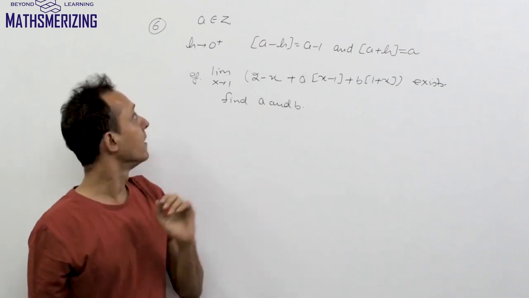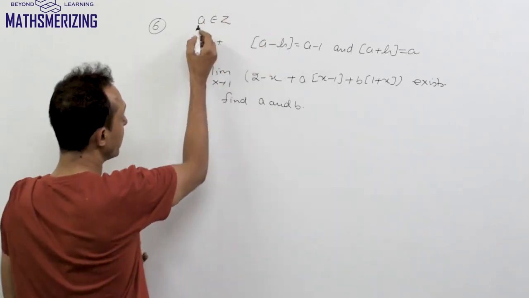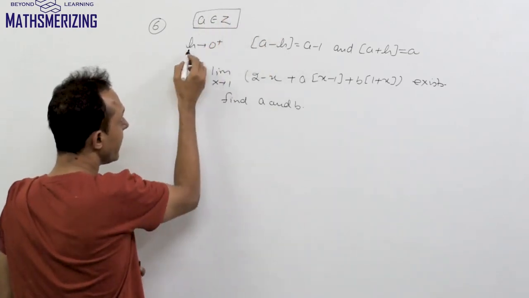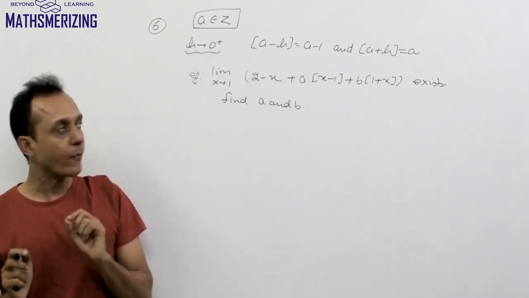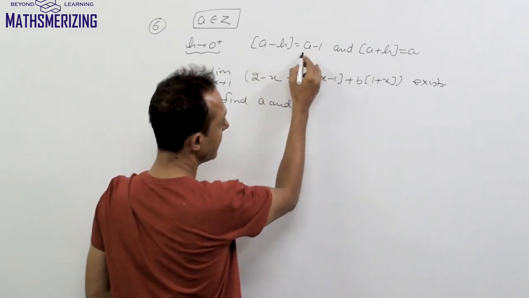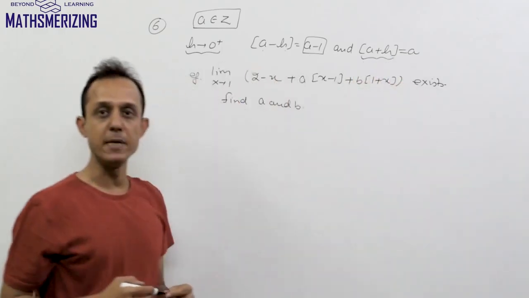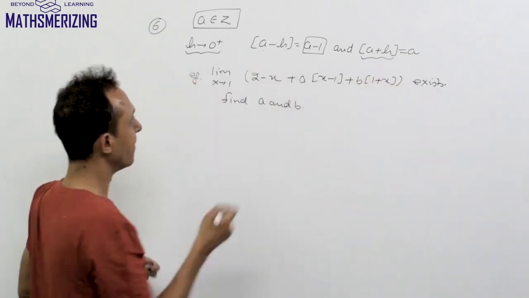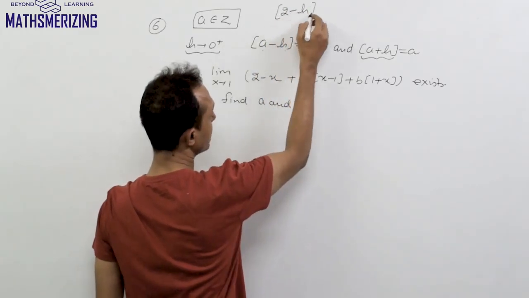Now the sixth property in greatest integer function again has something to do with limits. Suppose I have any number a which is an integer and h is a very small positive number which is nearly 0, then the greatest integer function of a minus h will be a minus 1 and the greatest integer function of a plus h will be simply a. Say, for example, 2 minus h.